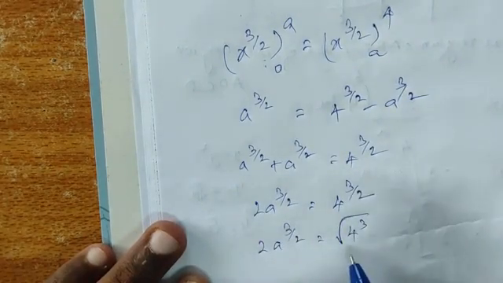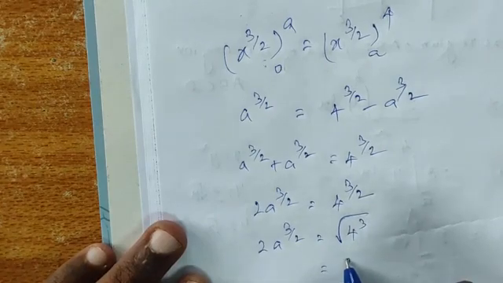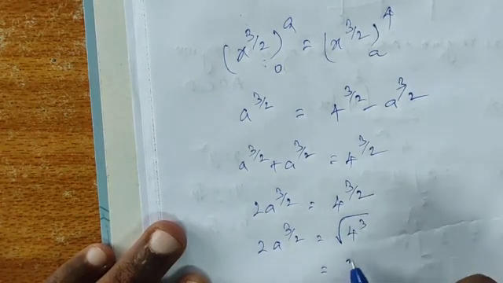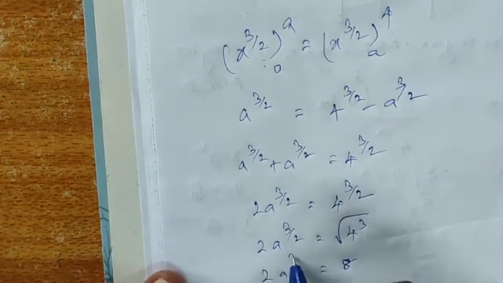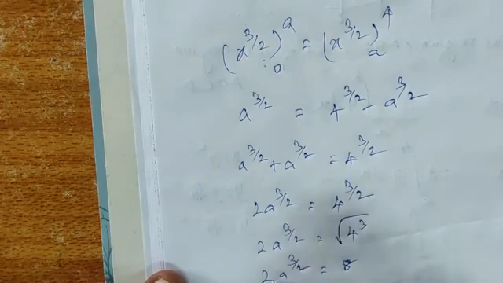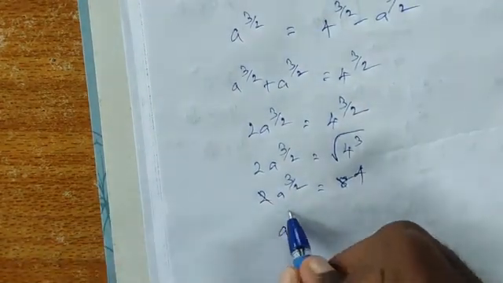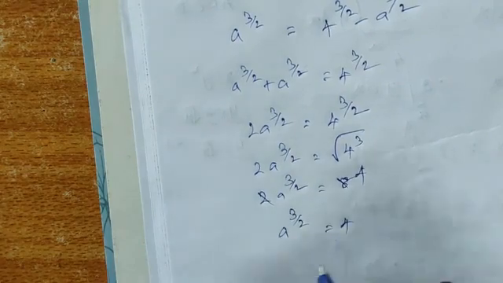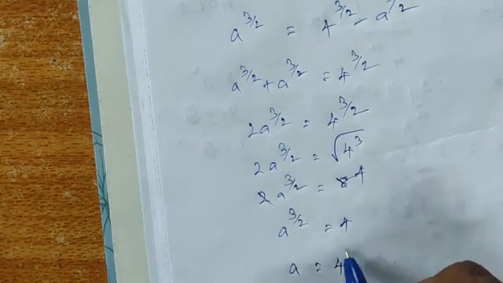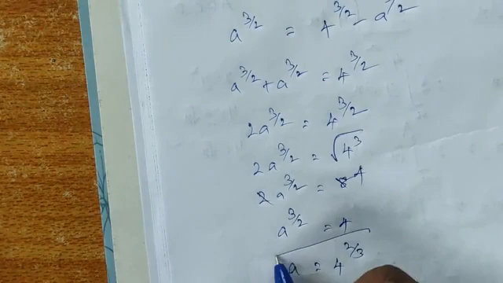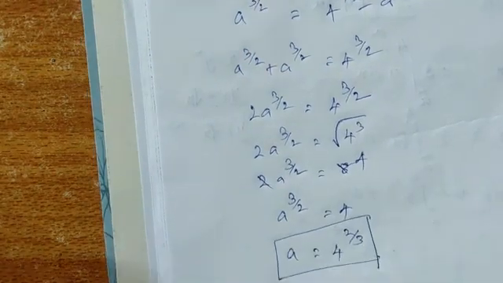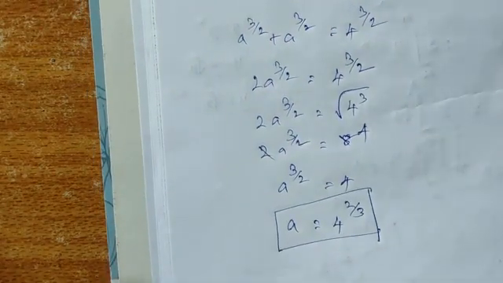Root 4 is 2, 2 cube is 8. So 2 into a power 3 by 2 is 8, so a power 3 by 2 is equal to 4. a is equal to 4 power 2 by 3 square units is the required value.